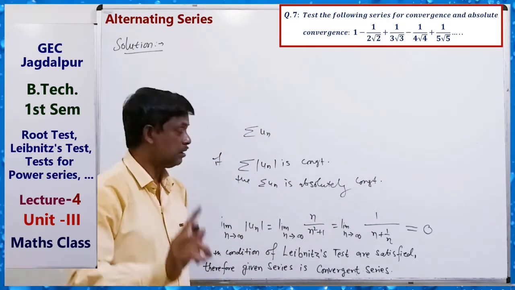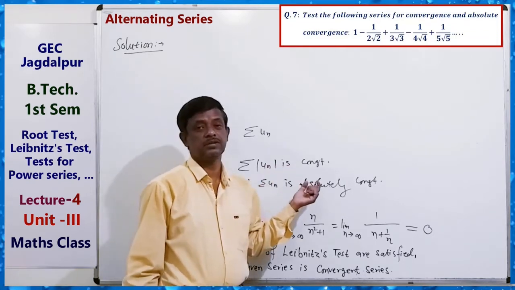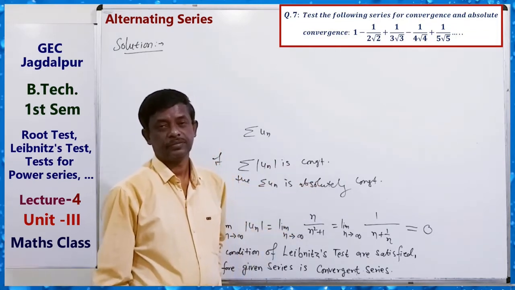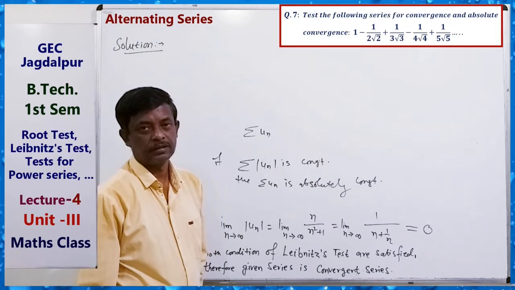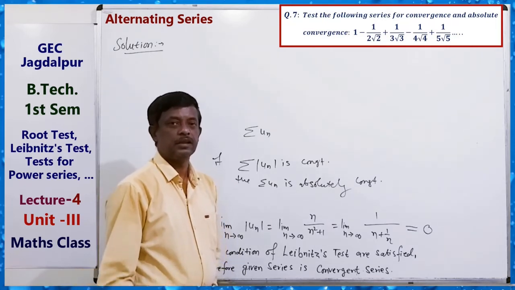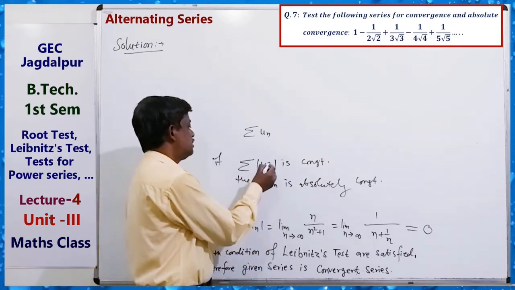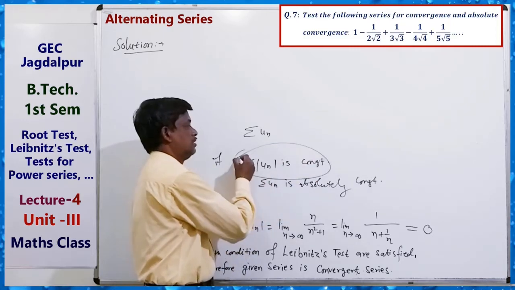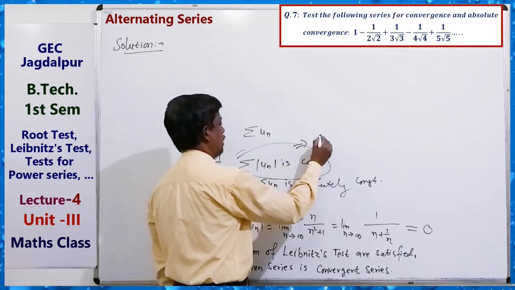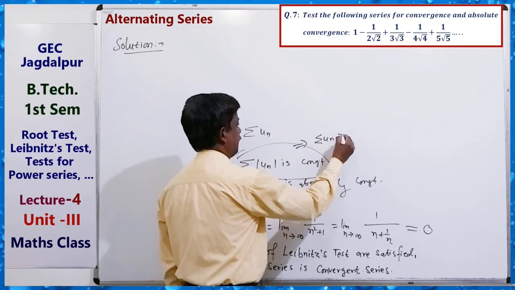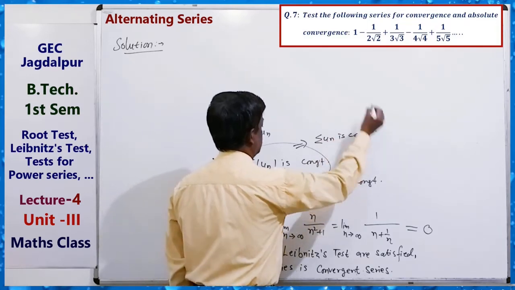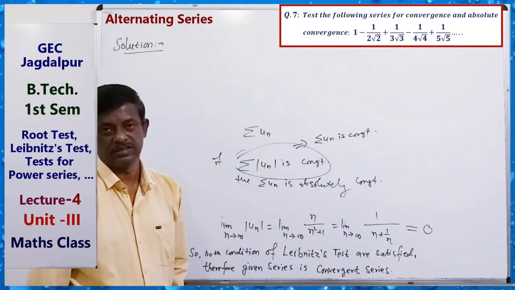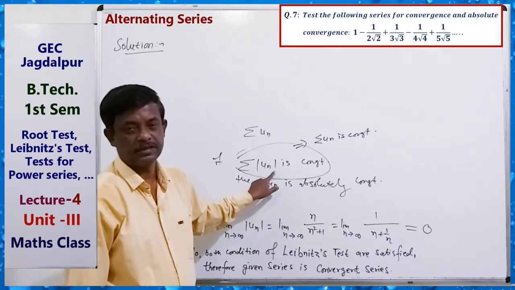Since every absolutely convergent series is necessarily convergent, that is, if this is convergent, then this alternating series is convergent.